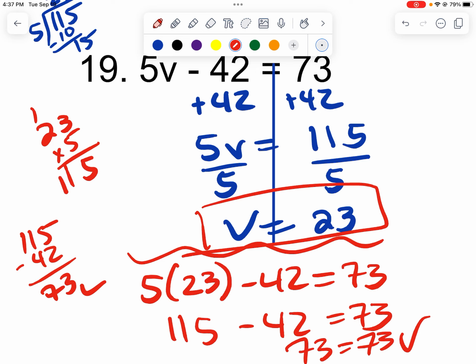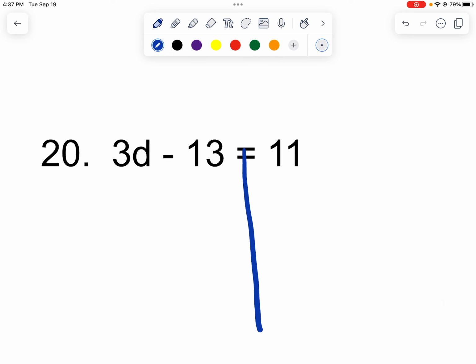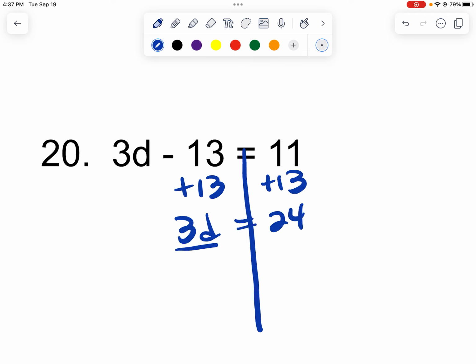And last but certainly not least, I'm going to add 13 to both sides. I get 3d equals 24. I divide by 3 on both sides, and I get d equals 8.